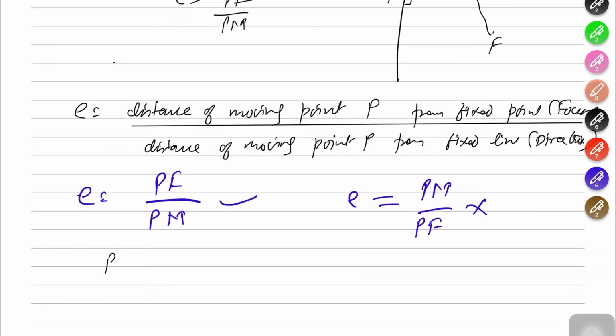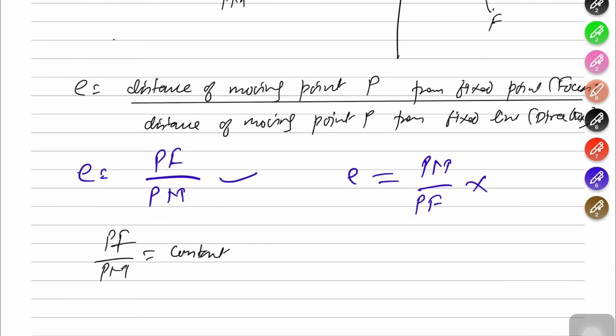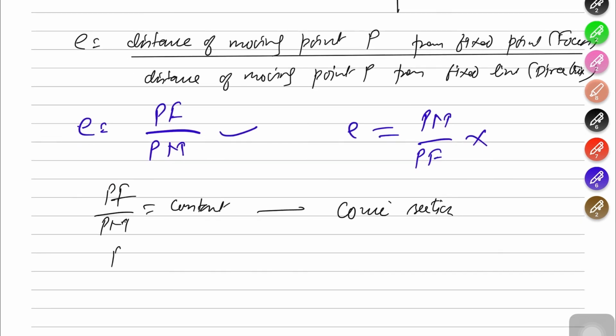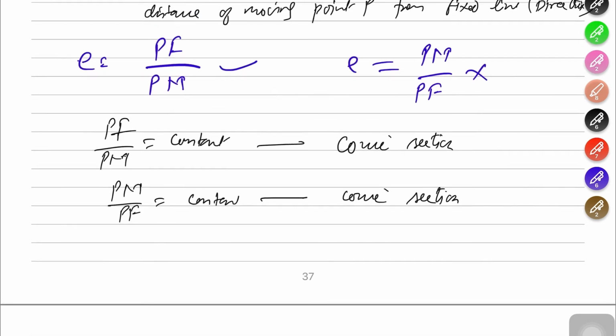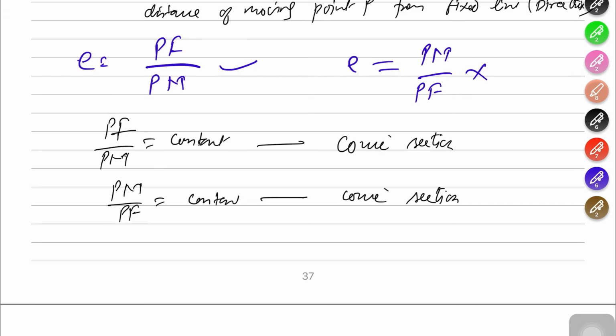Even if I say PF upon PM is constant, or PM upon PF is constant, it will also trace a conic section, because the ratio is constant. But the eccentricity is defined only for PF upon PM.